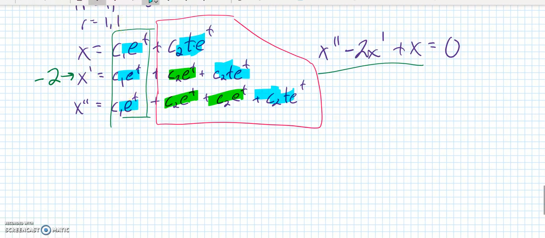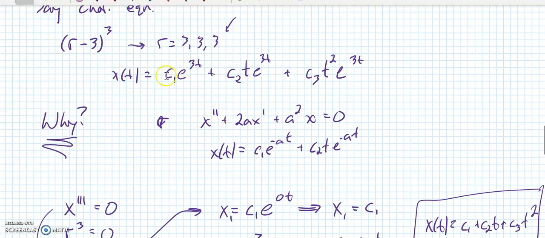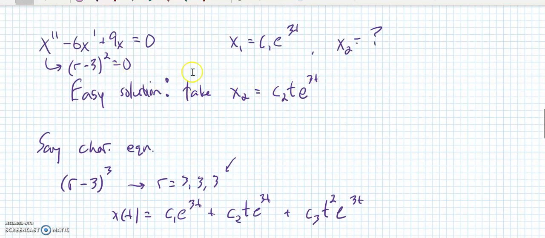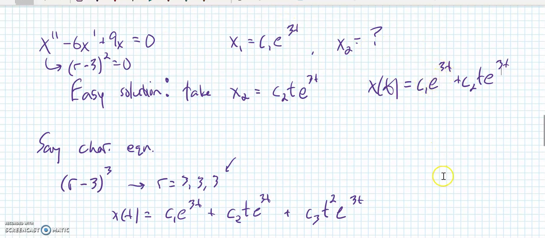Say I had this one right here. My solution would be x of t equals c1 e to the 3t plus c2 times t e to the 3t. I would argue that the chain rule on this piece right here, if I were to do it 3 times, would be the same as the chain rule on this piece 3 times in that same structure down below.